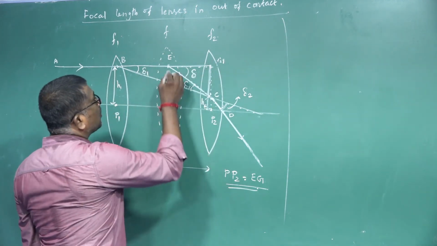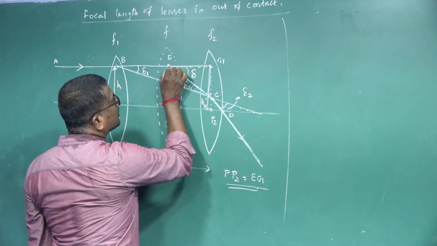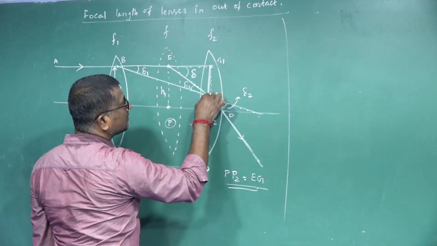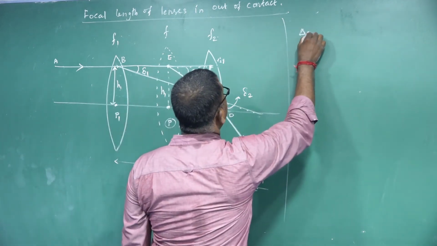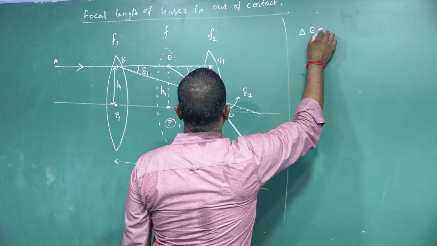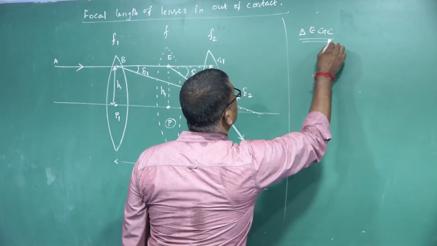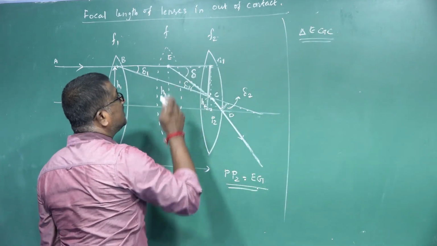Now consider this right angle triangle. From the right angle triangle EGC, this angle is del.